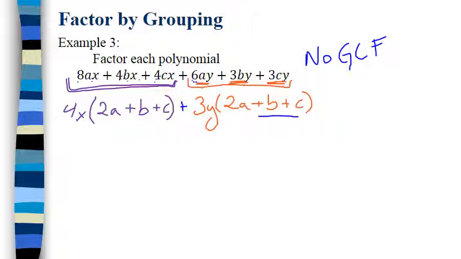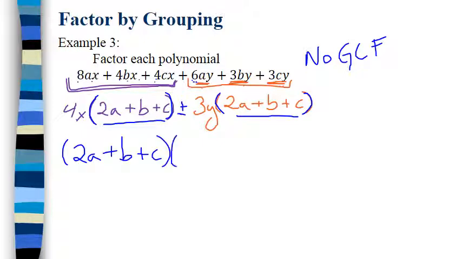And so we notice here that 2a plus b plus c is a common factor, so we can factor that out. So 2a plus b plus c times 4x plus 3y, which is left over. And it doesn't look like any factoring technique will help us factor further, so this is the fully factored answer.